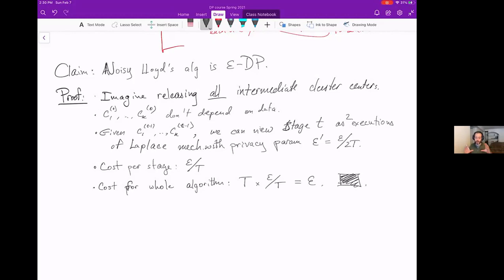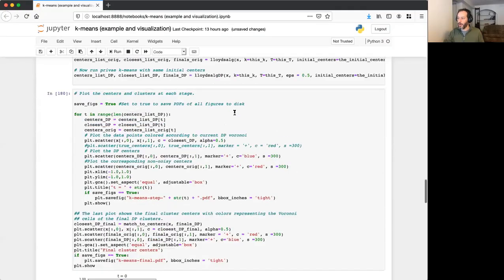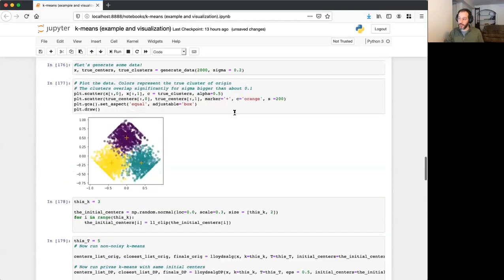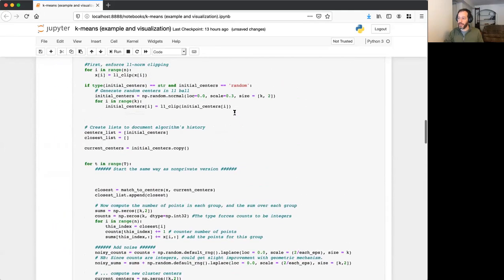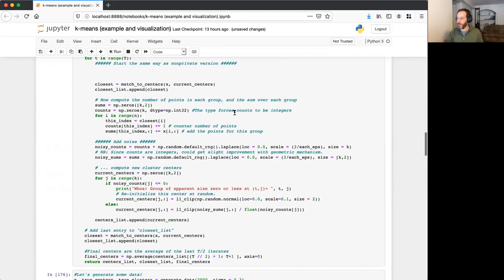In the notes, there are some diagrams that show you an execution of the algorithm on a specific input and how it plays out. You can look at that on your own. What I've done is I have implemented both the original algorithm and a noisy version of it in this Python notebook that I'm showing on screen now. I won't go over the code.